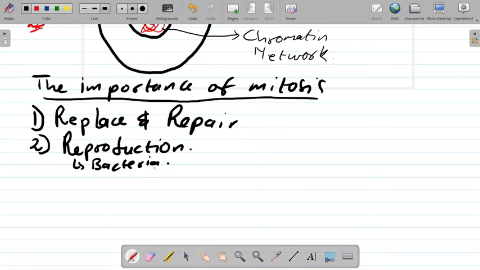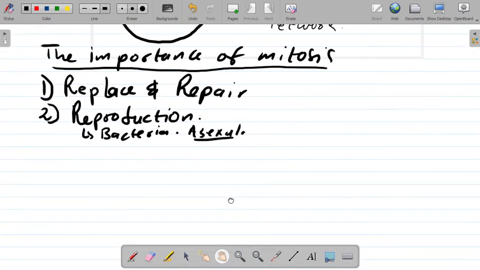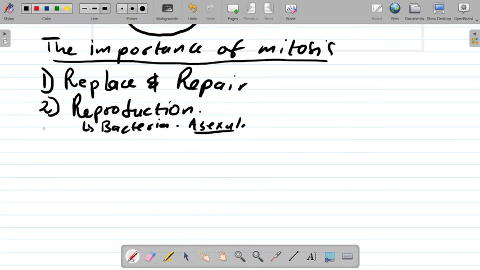Bacteria usually reproduce asexually. They have asexual reproduction. Basically, they make a copy of themselves, since they are one cell, they are a unicellular organism. So they reproduce asexually through a process called binary fission. So that's how they reproduce. So that's why this is important for reproduction in organisms, right?